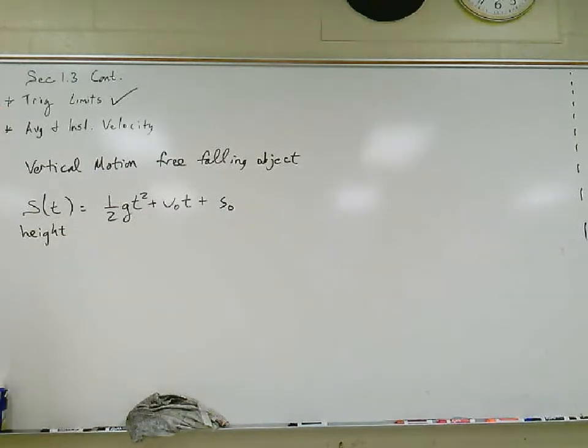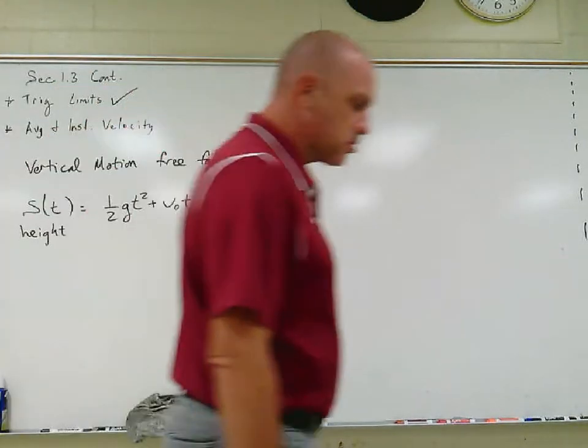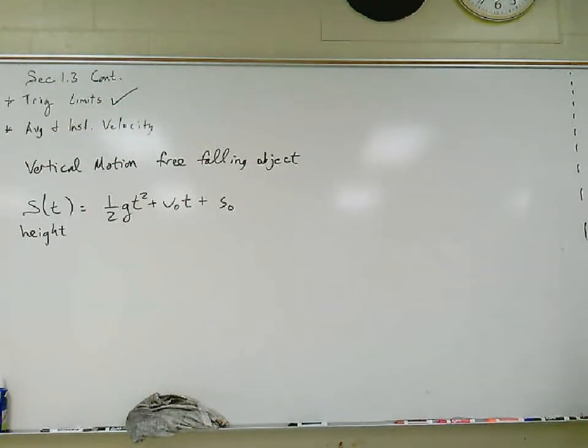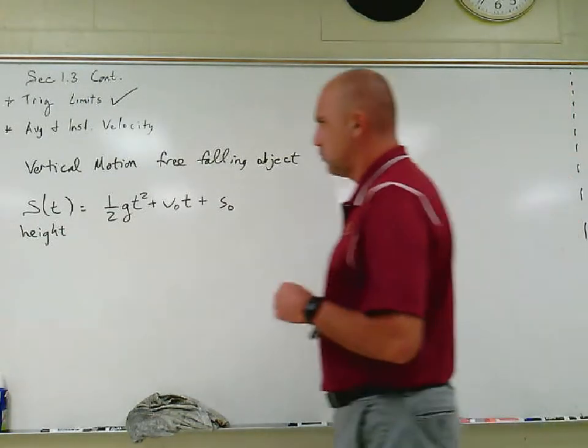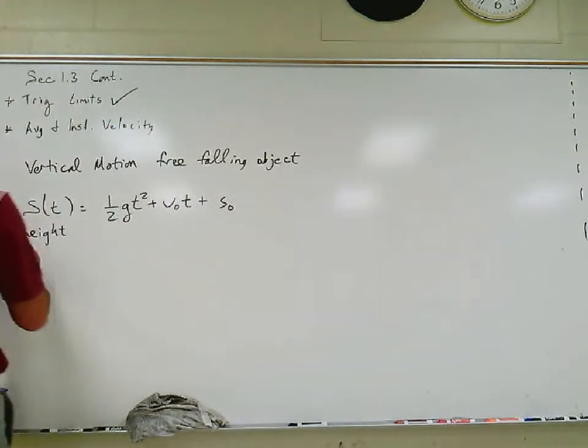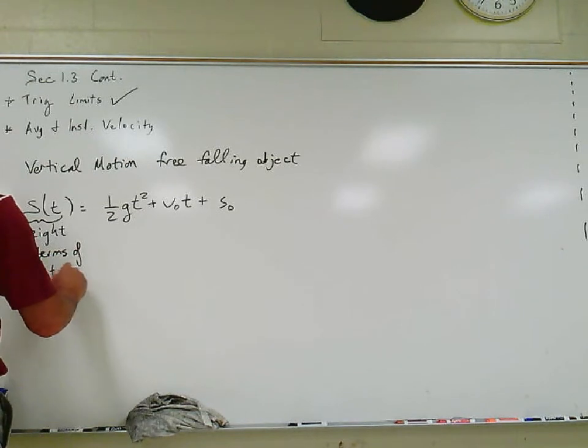Just write this out because this equation you'll come back to more than once. I know it looks crazy on the board, but we'll talk about what everything stands for. t, of course, is your variable. So s of t is your height in terms of t, where t is time in seconds.